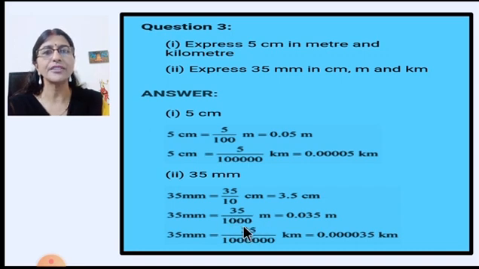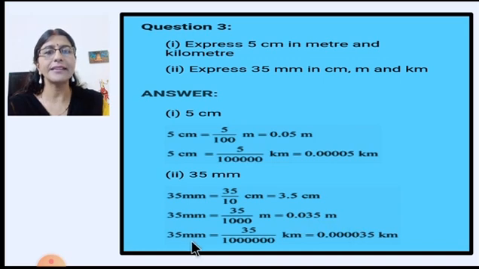So the point will be shifted again to the left by how many places? 3 places. So that is done here. You can see 2 places here, 5 and 3 are there, and one more 0 has to be added because of 3 places, and then before that we will put the decimal point, and before the decimal point you can add 1 0. So the answer is 0.035 meter.